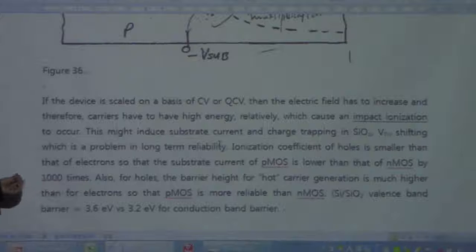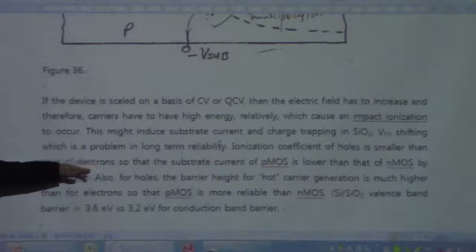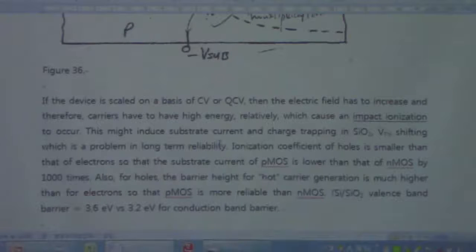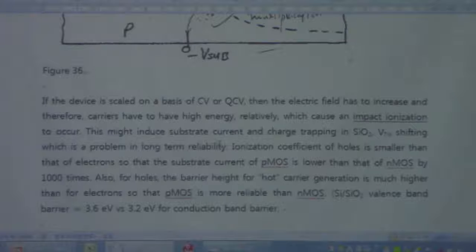And the ionization coefficient of holes is much, much smaller than that of electrons. So the PMOS would have less impact ionization than the NMOS. It can put up with high voltages. Okay.